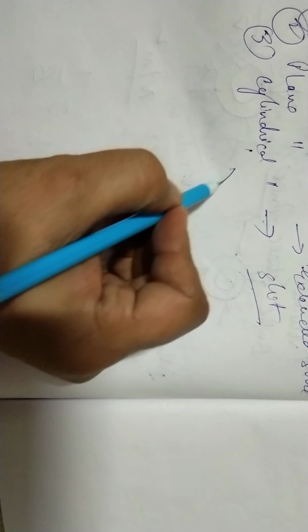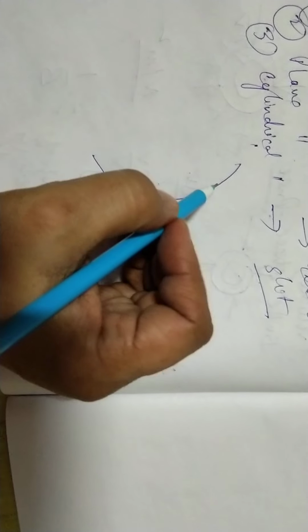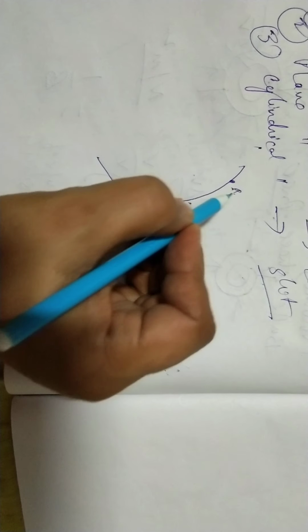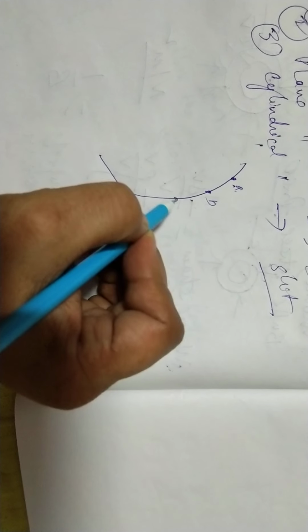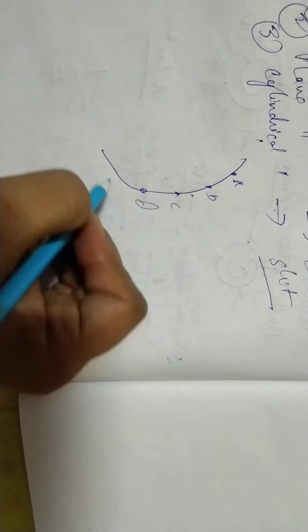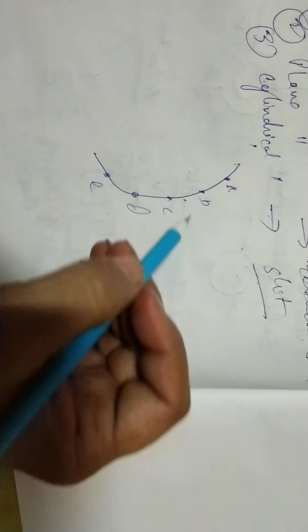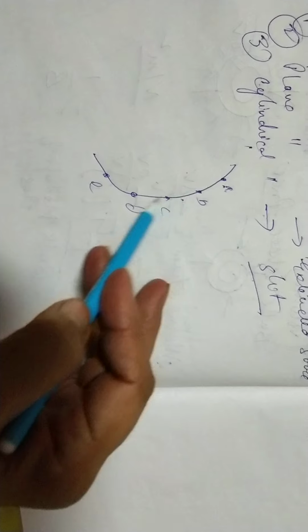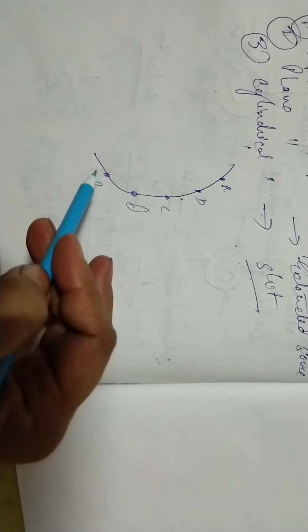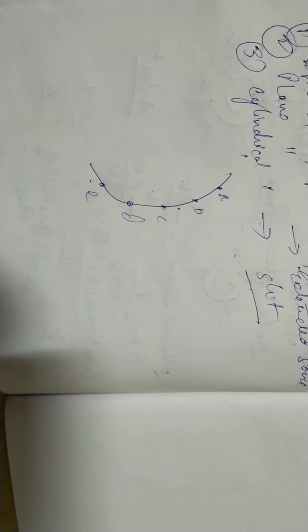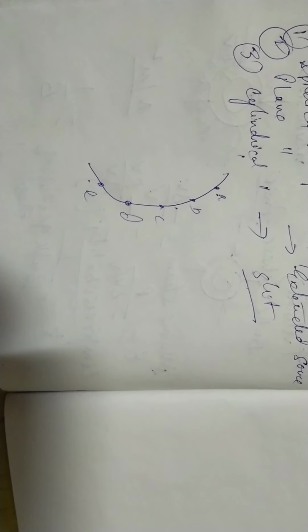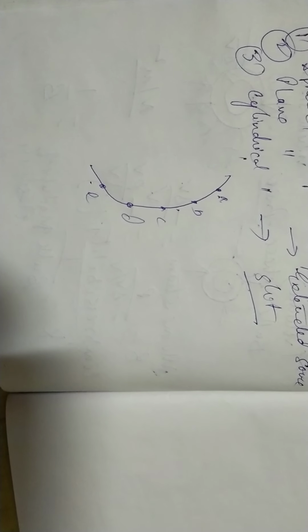To understand this, let us assume this is the primary wavefront, and we take points A, B, C, D, and E. According to Huygens, every particle of the medium on the wavefront acts as a new wave source from which fresh waves originate, and these waves are called secondary waves.